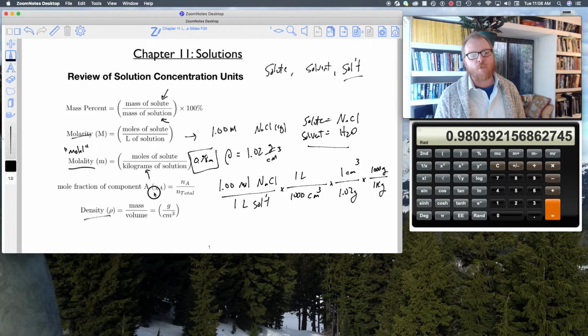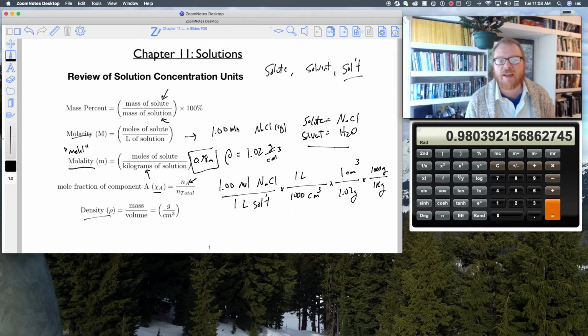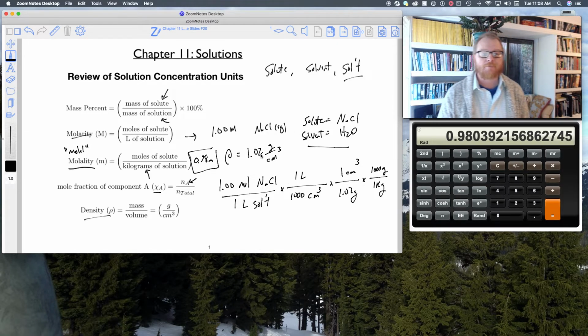We're also going to use mole fraction for solution compositions. And we remember mole fraction is the number of moles of thing A, whatever this thing is, divided by the total number of moles. So if we were to think about what is my mole fraction of sodium chloride in this solution, I already know the number of moles of NaCl, 1.0.